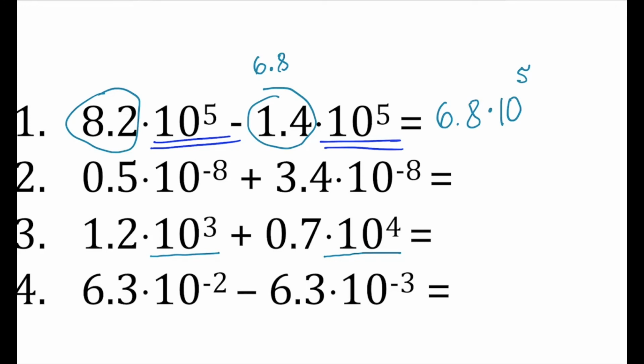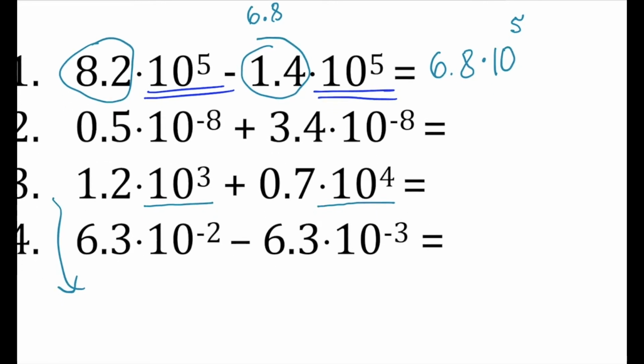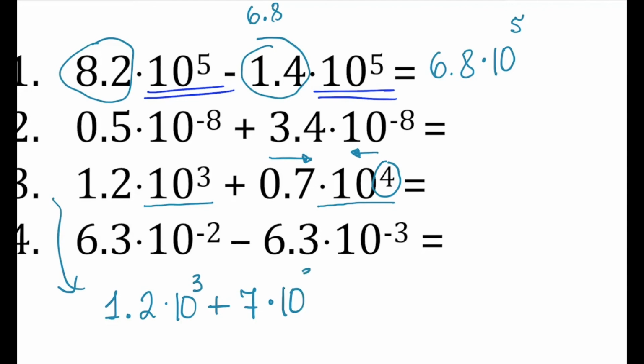So the options for number 3 are, I can either say it is 1.2 times 10 to the third, plus, and I'm going to make this 10 to the third, so I would cast my 10 to the lower. Then I have to move my decimal point to the right. So I can say it's like 7 times 10 to the third. And that will give me altogether 8.2 times 10 to the third.